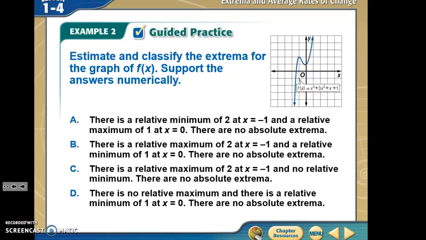So looking at our A, B, C, and D, it says estimate and classify the extrema for the graph. So where we have a maximum point up here, and then a relative minimum there. So which one of these best describes the graph?